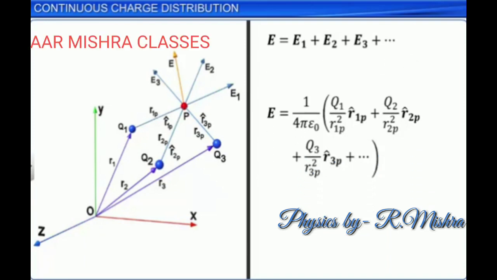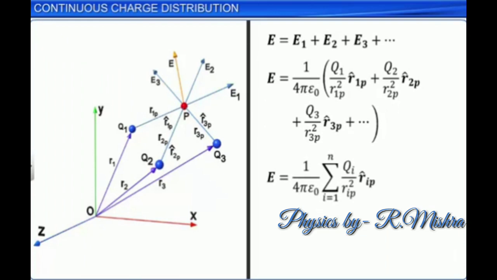The net electric field strength E can now be written as 1 by 4 pi epsilon naught into sigma i equal to 1 to n Qi by RiP square into RiP cap.